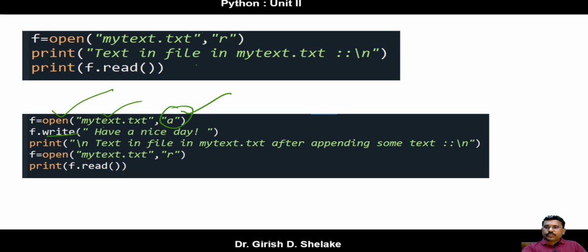And now to check whether that is appended or not, we have to just open that file again in reading mode and just print it, that is print f.read.